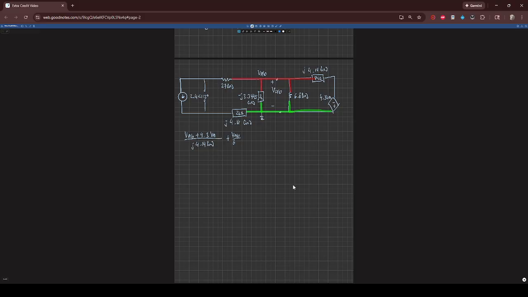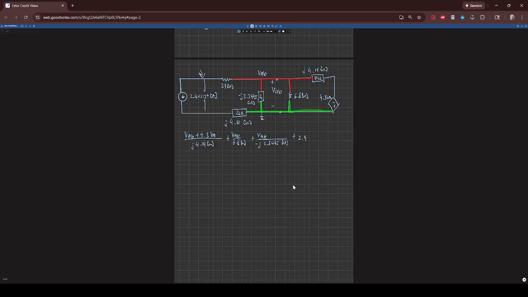Next one is VAB over negative j 3.3445 ohms. And then notice how there's a current source that's directly going into that node right here. That means we can just write the current source over here. Oh, forgot the current. And then set it equal to 0.